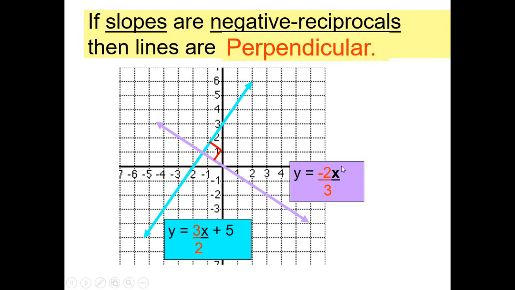You flip it over to 2/3 and then change the sign to a negative. If you'd started here, you'd flip it over to be -3/2 and then change the sign and be positive. So if you see opposite reciprocals where they flip it and change the sign, then you've got perpendicular lines because the slopes are opposite reciprocals or negative reciprocals. Depends on what teacher you had.